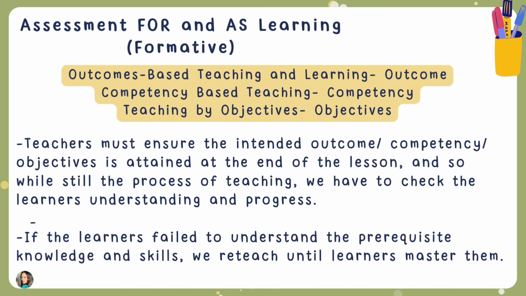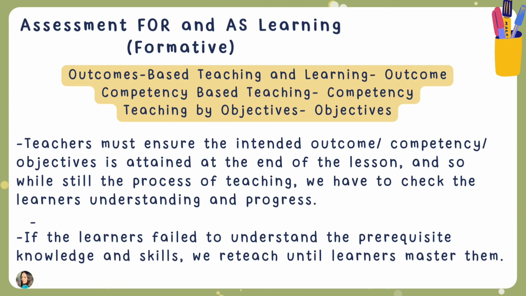And teachers must ensure the intended outcome, competency, and objectives are attained at the end of the lesson. So, while still in the process of teaching, we have to check the learners' understanding and progress. Why did I say while still in the process of teaching? Because, as I have mentioned, this formative assessment is done during and before.